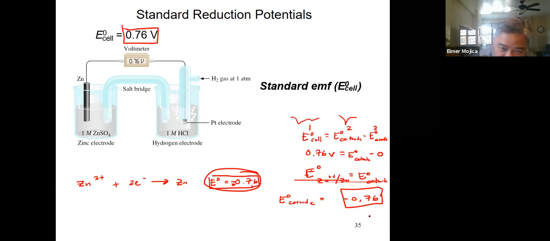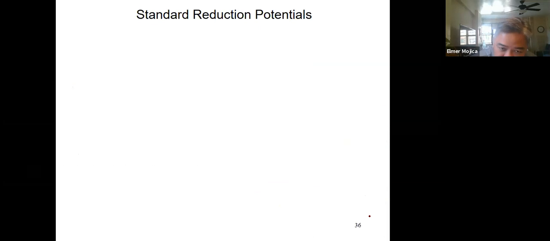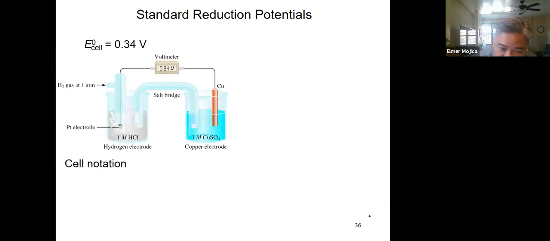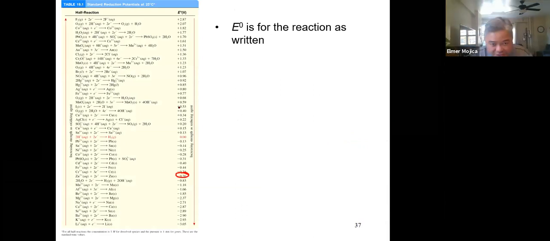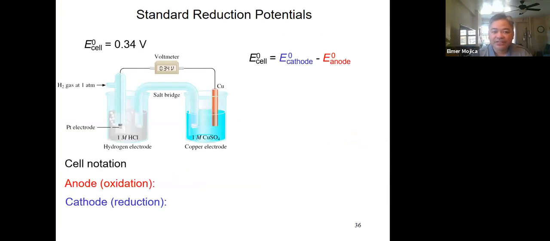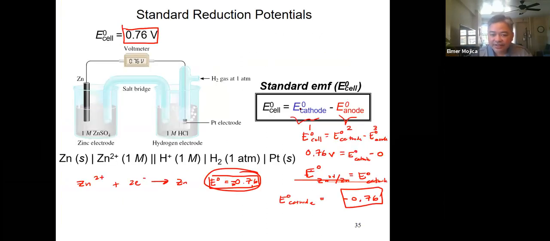So the way I try to explain this to you is I'm just trying to show you how this value was generated. Because all these values that I have there, you plug in or you combine whatever the reaction is with this reaction. So we're trying to get the cell potential of the cathode.